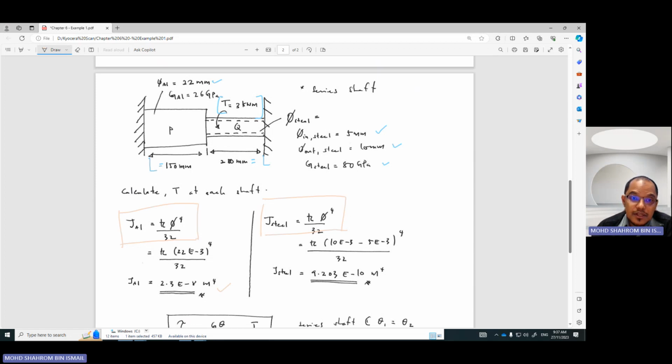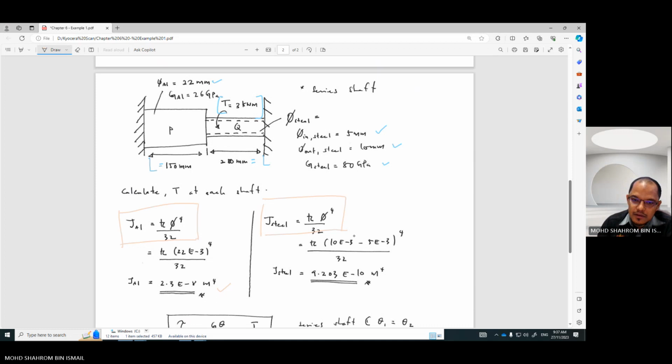Yet for the steel, since we already knew that the shaft is hollow, it's a hollow shaft. So in order to solve it, you have to subtract between the diameters.